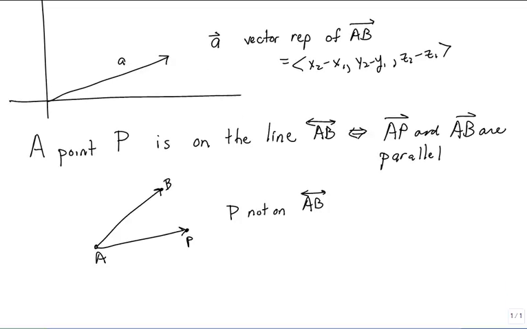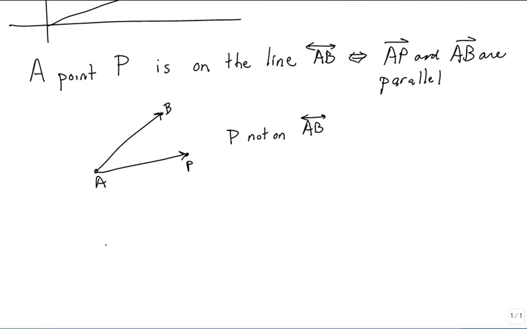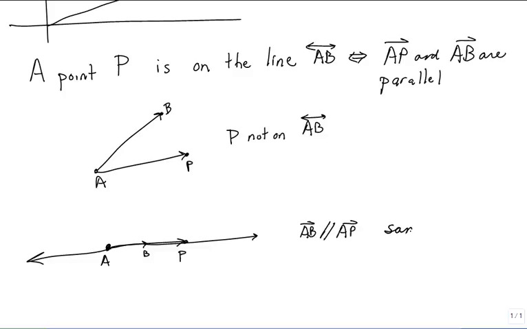And the starting point on both of those vectors is A. So either AB is here or AB is here, but it's a line, so it extends in all directions. So AB has to be parallel to AP because they have the same initial point.